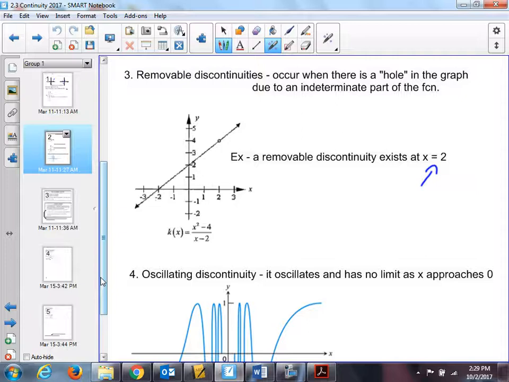Removables. By the way, here's another type of removable. So for this one, if I created a piecewise function, and I had, maybe I said for the piecewise function, curly brackets here, for all real numbers except x equals 2, and I could indicate that a number of ways with interval notation or greater than, less than, or even just the words all reals, comma, x not equal to 2. Anyways, that's what I would say for this.